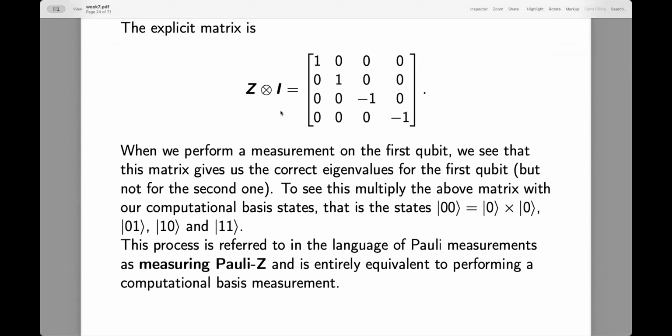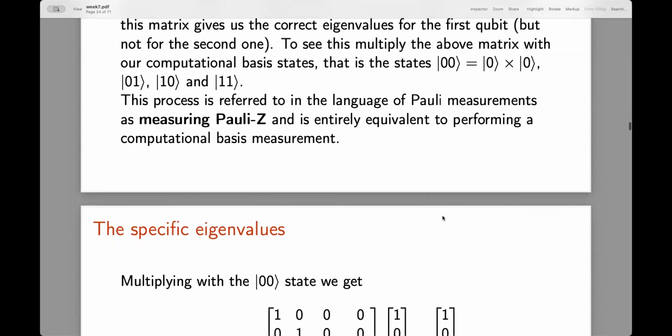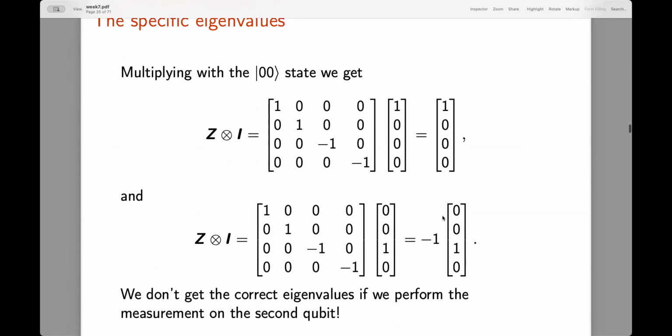So if I act with this one on my computational basis, what we are saying now is that we typically perform a measurement in the Pauli Z basis. So this is equivalent to performing a computational basis measurement. So you can see that immediately. If I multiply this 0, 0 state with the matrix, I get the 0, 0 state.